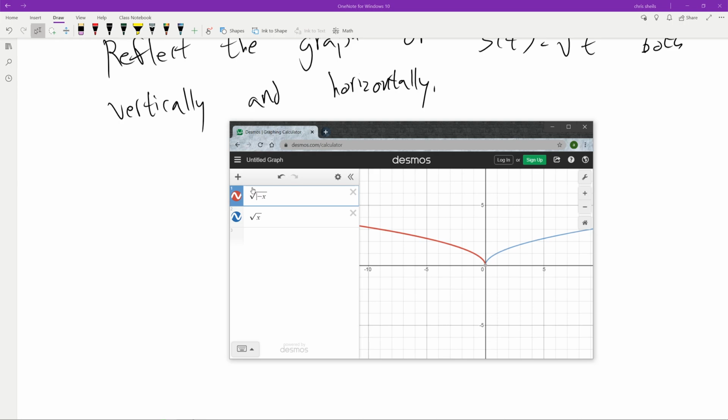Notice that this does not mean that I have a negative number under the square root, because in this red graph, for instance, right here, the square root of minus -5, or the square root of -5, is the same thing as the square root of 5.